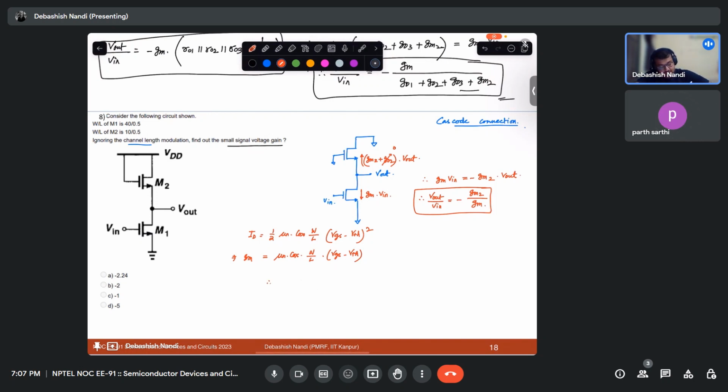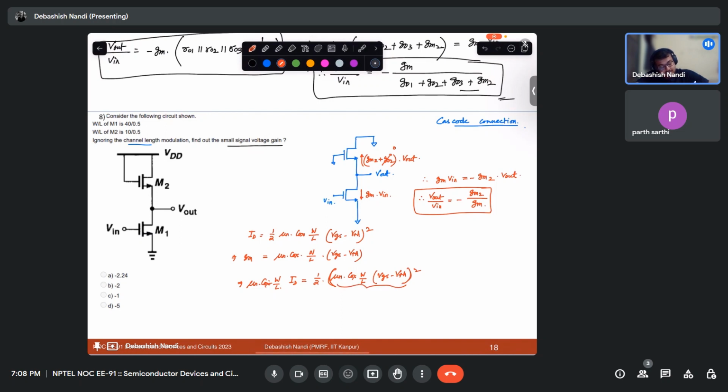So if you want to find out your GM, let's start with ID is equal to half mu n Cox W by L times VGS minus VTH whole square. That means I need to multiply on this side also mu n Cox W by L, because I have taken this also whole square, entire thing whole square.